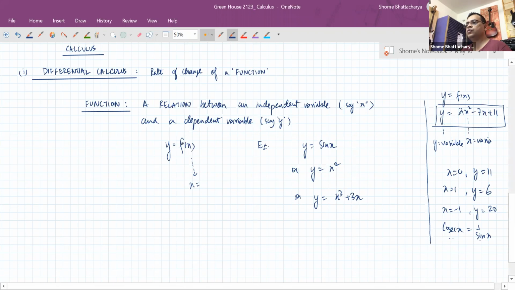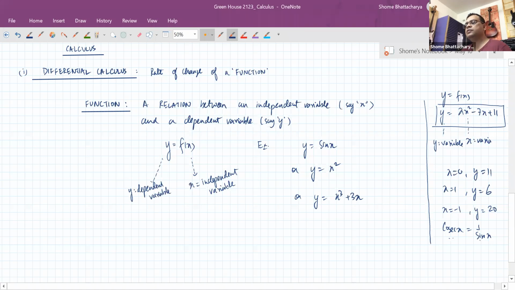Whatever we have on the right hand side, by convention, that is the independent variable. Why is it independent? Because its value will be selected without any dependence on y. We select any value of x independently, but the moment we have selected a particular value of x, the corresponding value of y becomes dependent on it through that rule. So that's why this is the dependent variable.